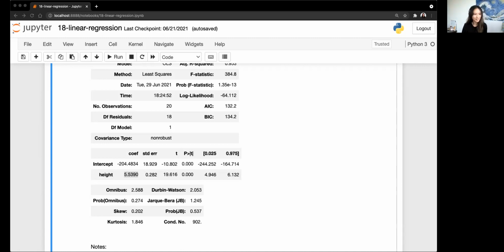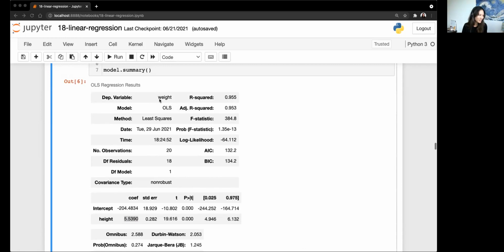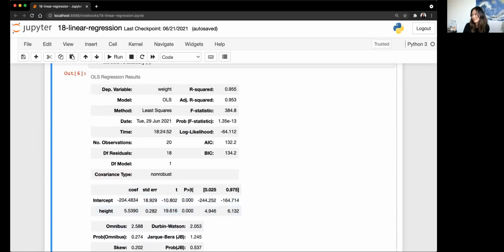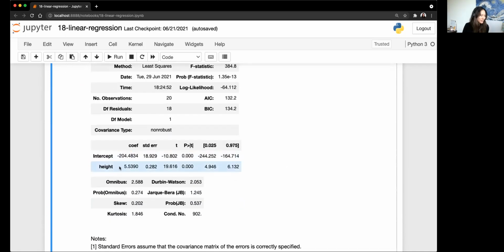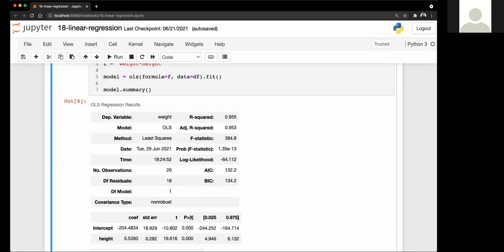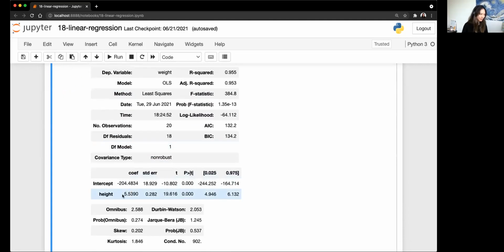Let's say we're talking about something different. Let's say it's not weight, but height affecting hair length, measured in meters.